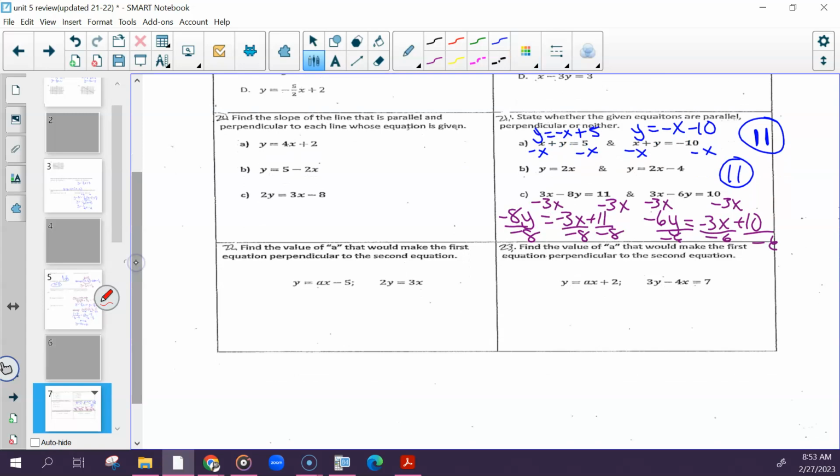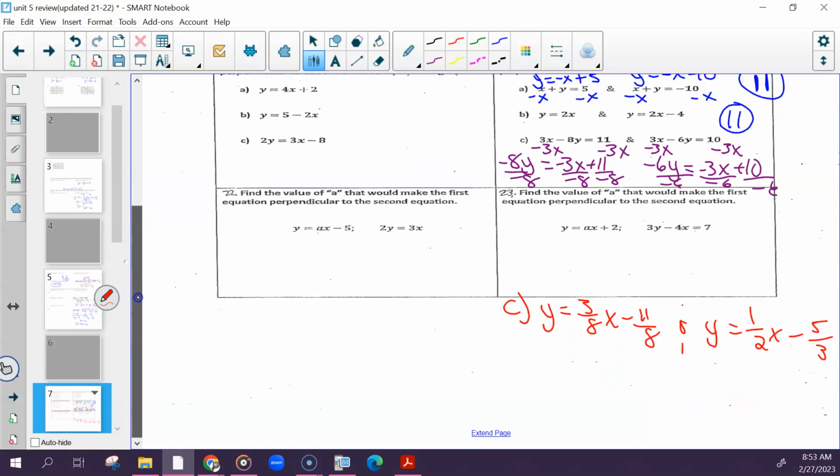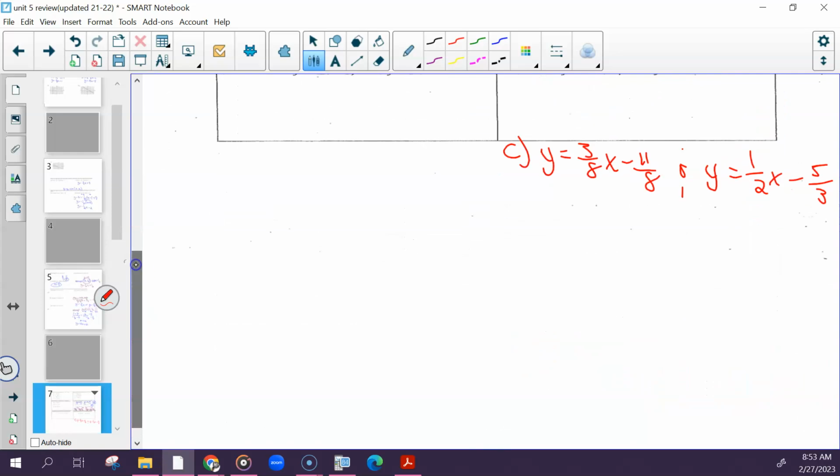And I'm going to write them down here. So y equals 3/8 x minus 11/8, and y equals 1/2 x minus 5/3. Are these parallel, perpendicular, or neither? Neither. They don't have the same slopes. They don't have negative reciprocals.